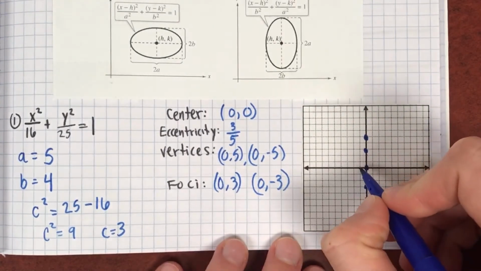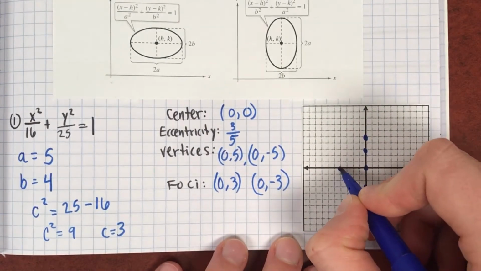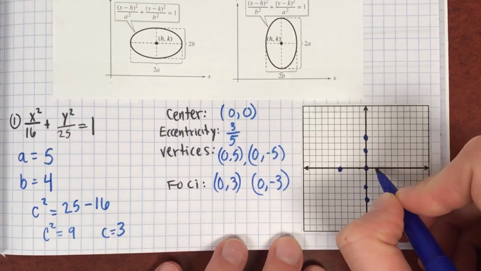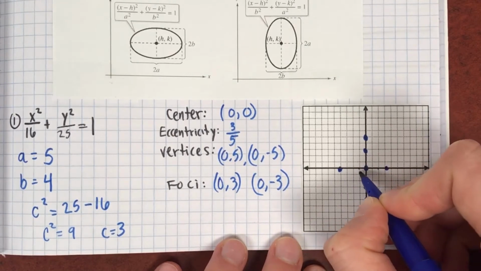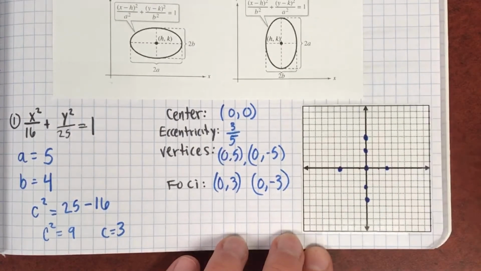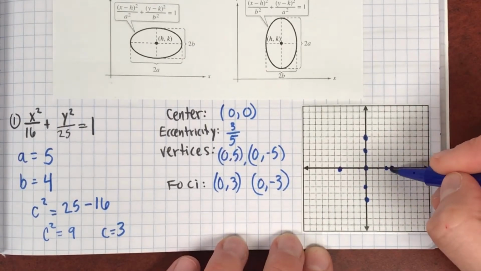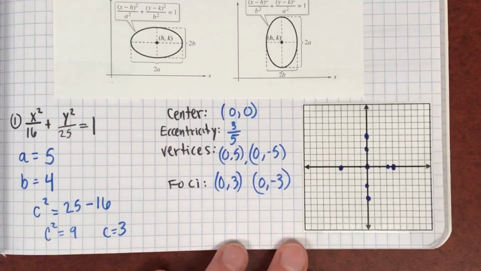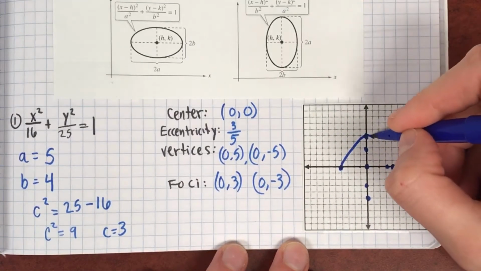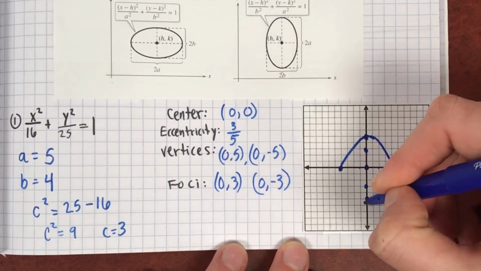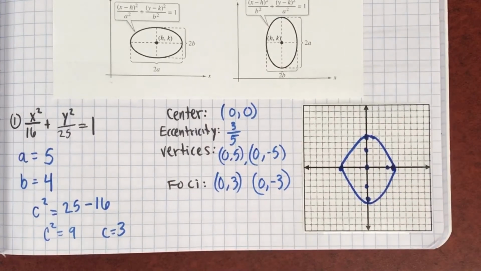That'd be 4 units away: 1, 2, 3, and 4. Oops, that's one more over. There we go. Now we can connect this and make it as oval-like as possible. And that is our ellipse.